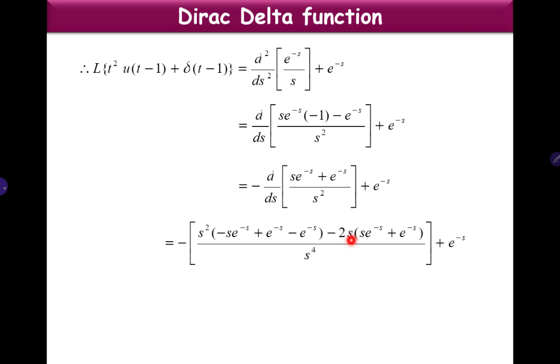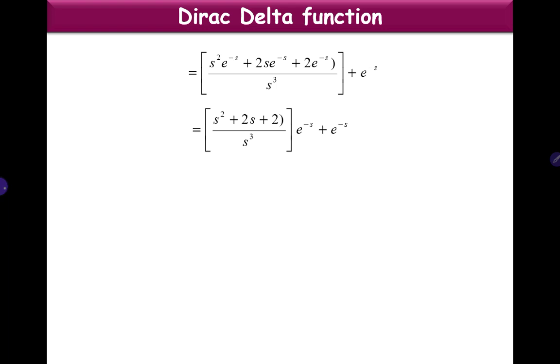Now we can take s outside common in the numerator and that s can be cancelled with s power 4 in the denominator. So we get minus of s into minus e power minus s minus 2 into s e power minus s plus e power minus s by s cube plus e power minus s.